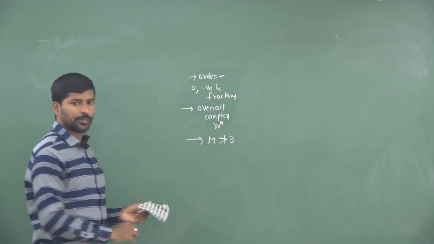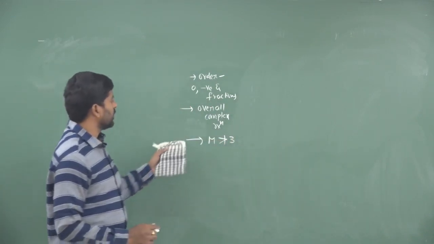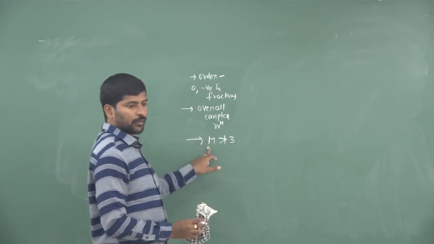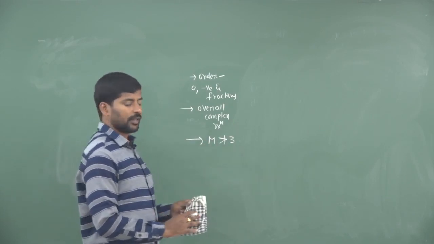Generally molecularity cannot be greater than 3, since the probability for simultaneous collision of more than 3 molecules is small.